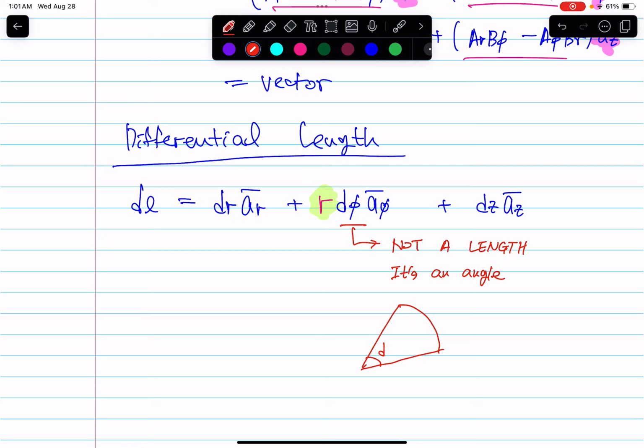Now let's call this d pi, small pizza, and the radius is r. Then the way you calculate this arc length is r d pi. Okay, r times the angle results in the arc length. So similarly, because of that reason, we need to multiply r.